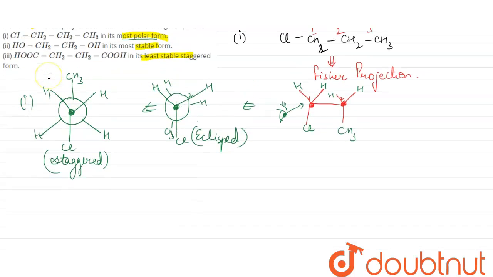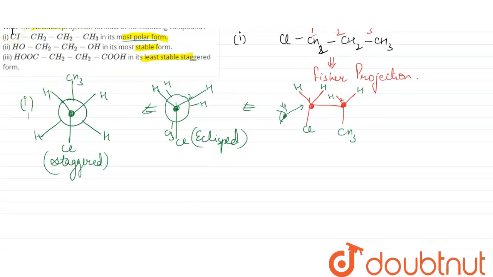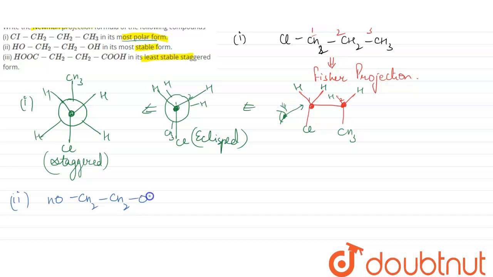And the second one, we have our diol. Again we are gonna draw the Fisher projection over here. So this is 1, this is 2.